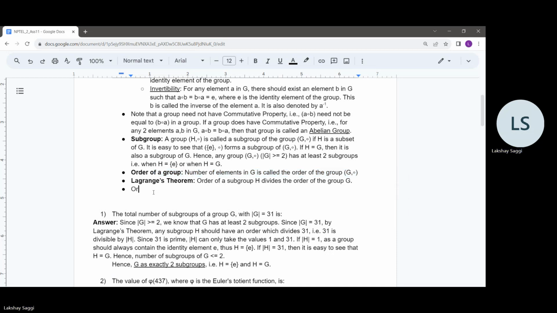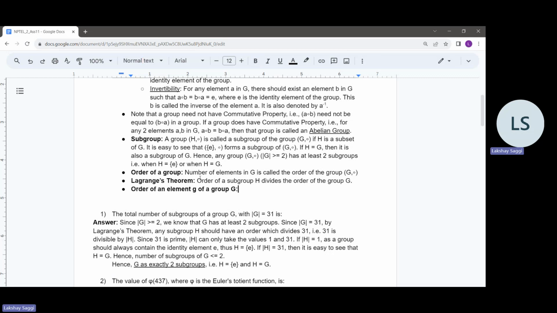And there is another thing similar to order, which is the order of an element g of a group capital G.